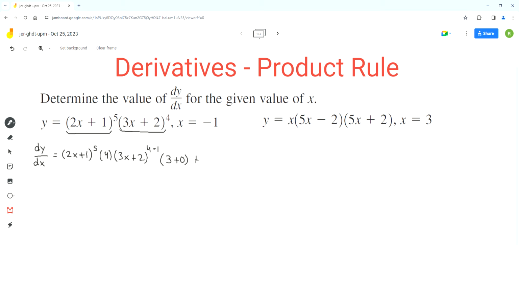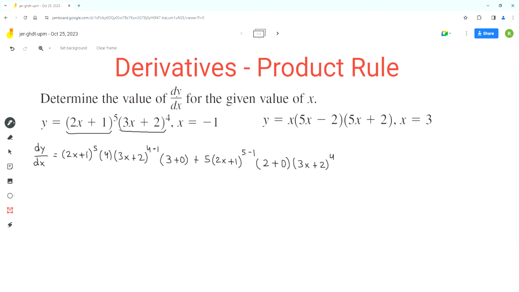Plus now the derivative of the first function, so we'll use the power rule, so we'll move the exponent to the front, so 5 times (2x + 1) and now we'll subtract 1 from 5, and then times the derivative of the inner function, which is 2x + 1. So the derivative of 2x is just 2 and the derivative of 1 is 0. Then times the second function, (3x + 2)^4.